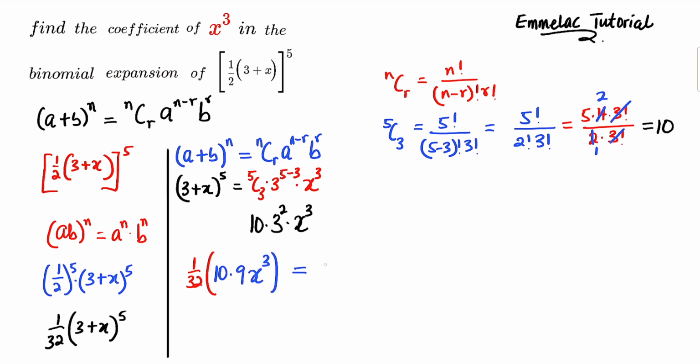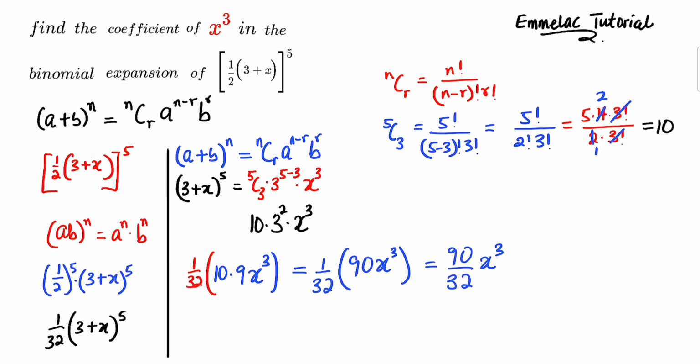So that gives us 1 over 32 times 90x raised to 3, which gives us 90 over 32 x raised to 3.